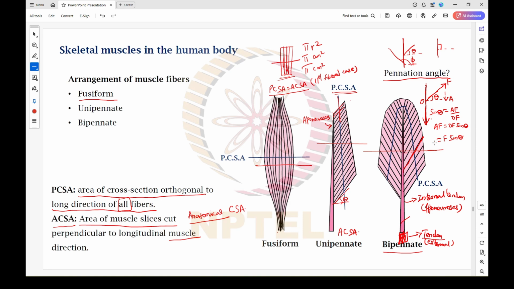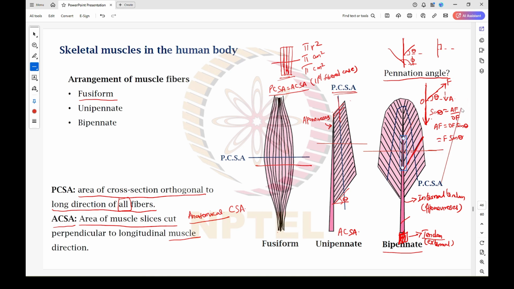So if there is a force generated like this, the force that is actually transmitted to the external tendon will be like this.